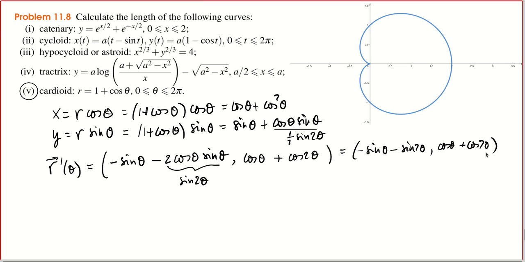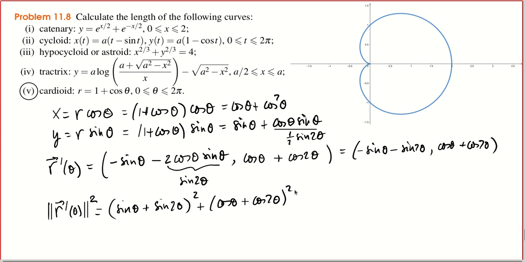Right. Now we take the length of this. We're going to take the length squared, so it's the square of this. So sine theta plus sine 2 theta squared, and cosine theta plus cosine 2 theta squared.